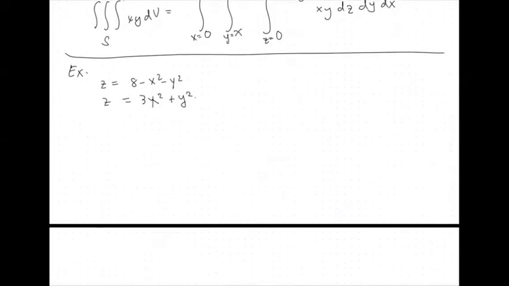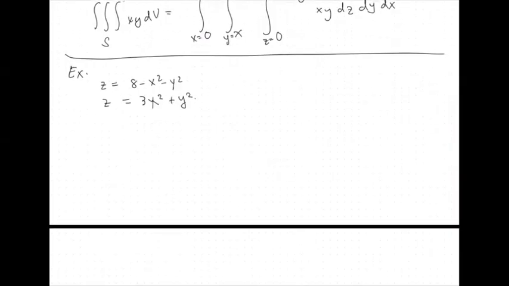Okay, let me draw the paraboloids. The first paraboloid, its upper limit, its maximum is 8, so it's like this. And then your lower paraboloid, its minimum is 0, it's like this.